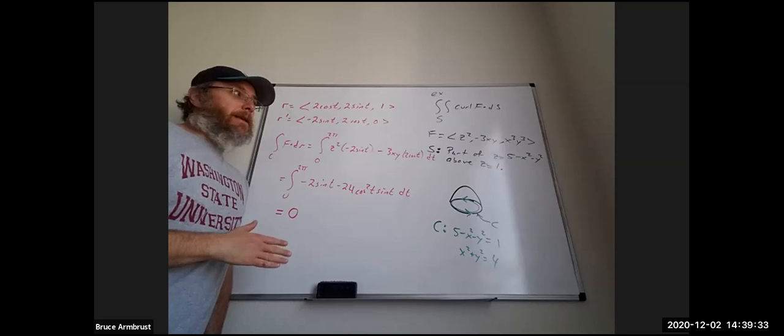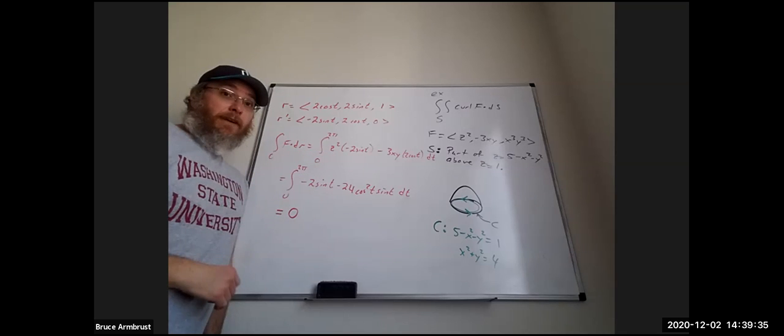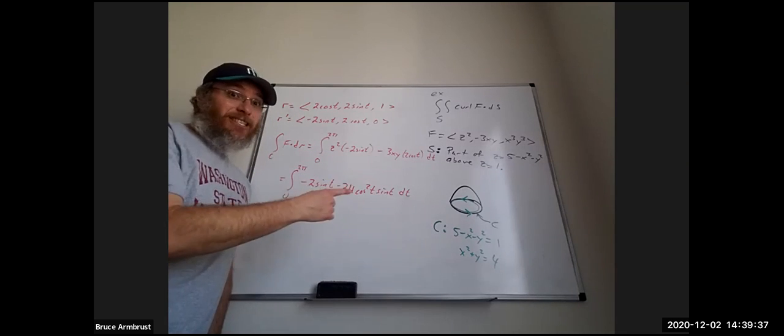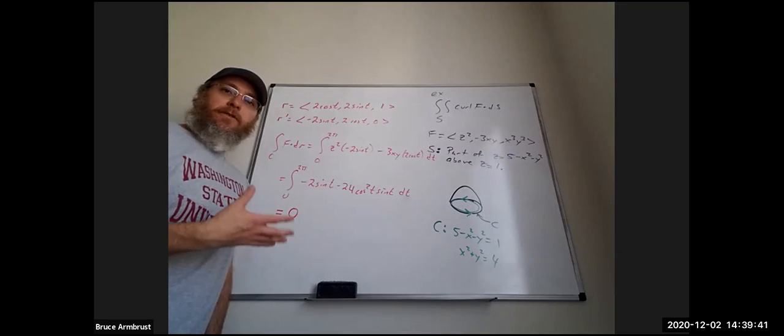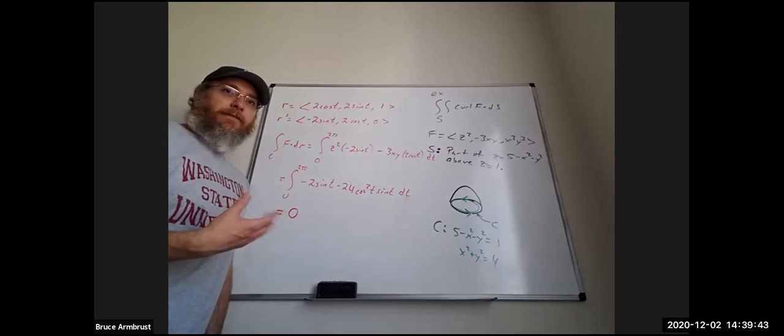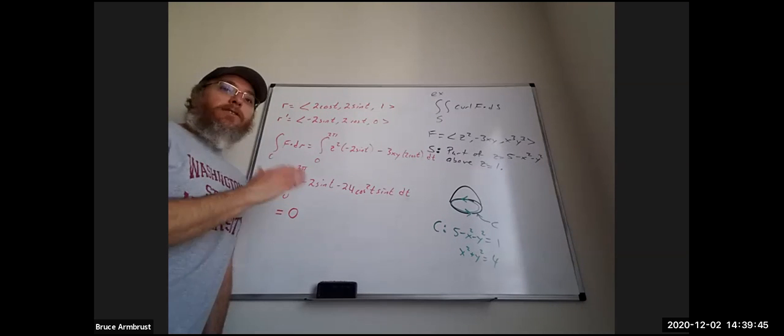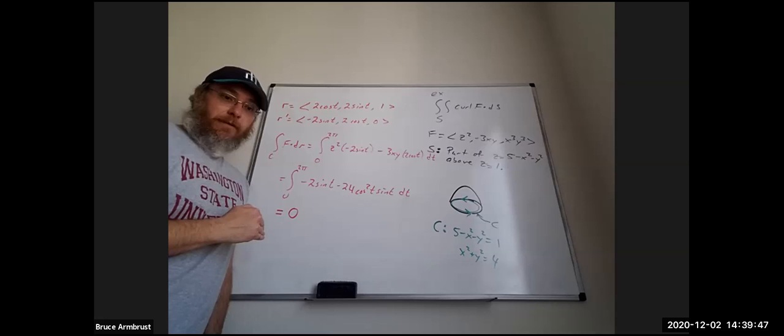That doesn't necessarily mean that it was a conservative vector field, and in fact, it's not. Right? You can still get 0 over a closed loop even if it's not a conservative vector field. It's just you're not guaranteed that. So in terms of the line integral, that's what it means.